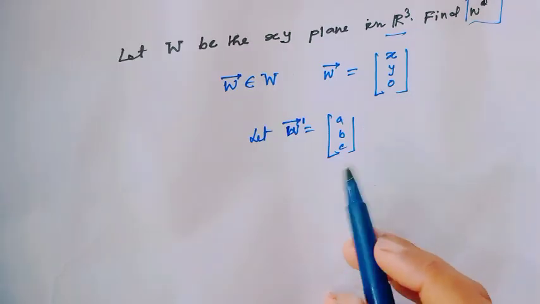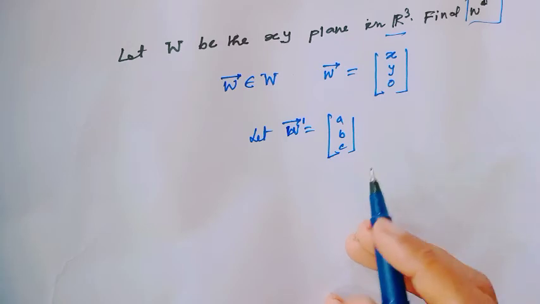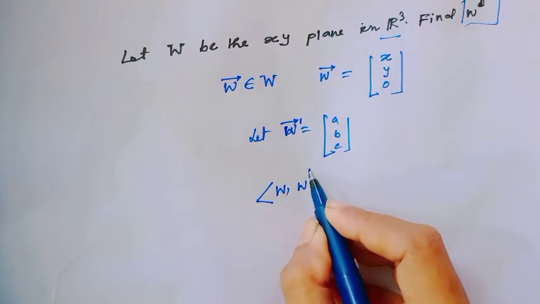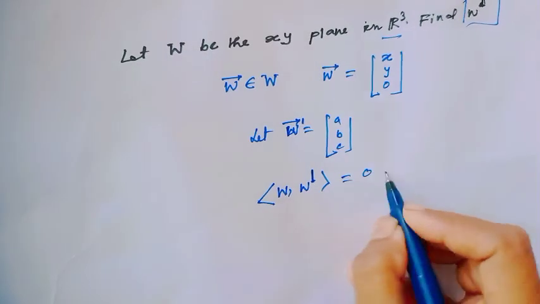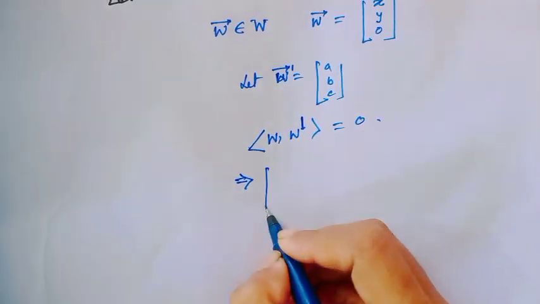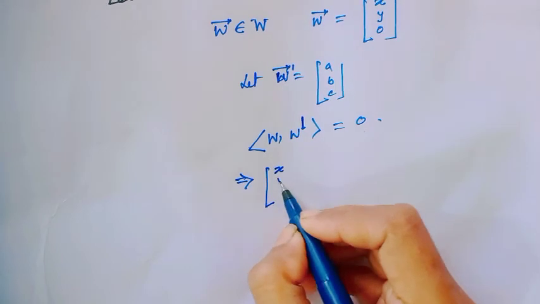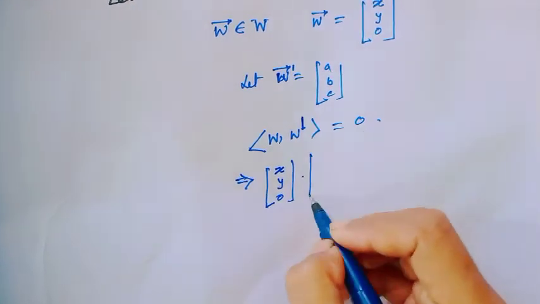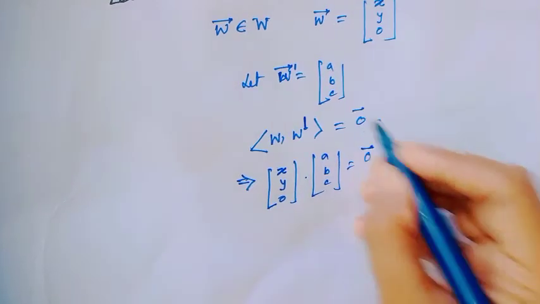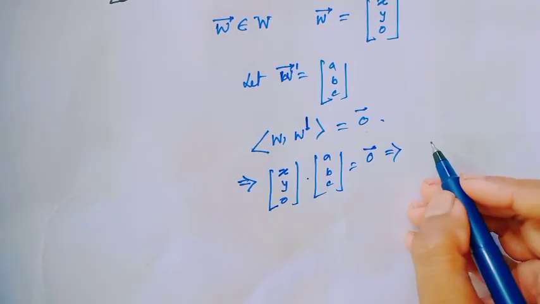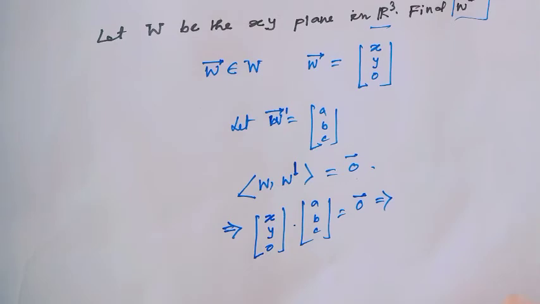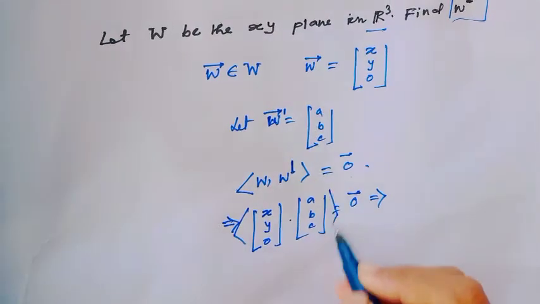Consider W perp to be any arbitrary vector (a, b, c). Then the inner product of W with W perp would be the 0 vector. That implies (x, y, 0) with (a, b, c) equals 0. Since this is R3, the inner product means the dot product.